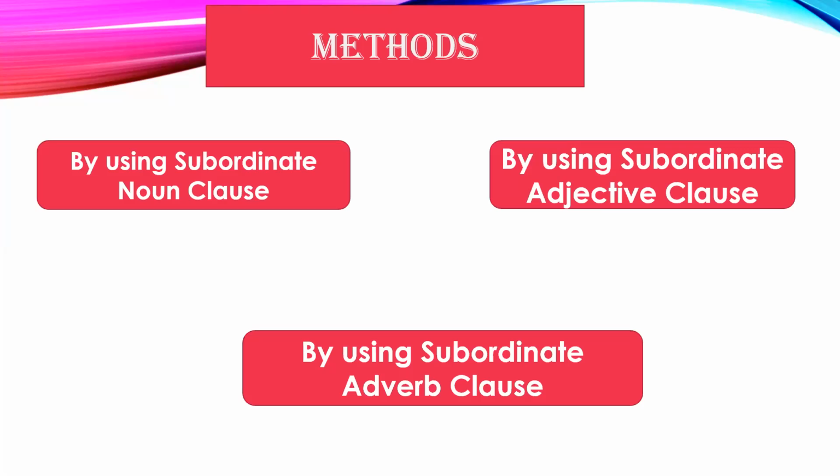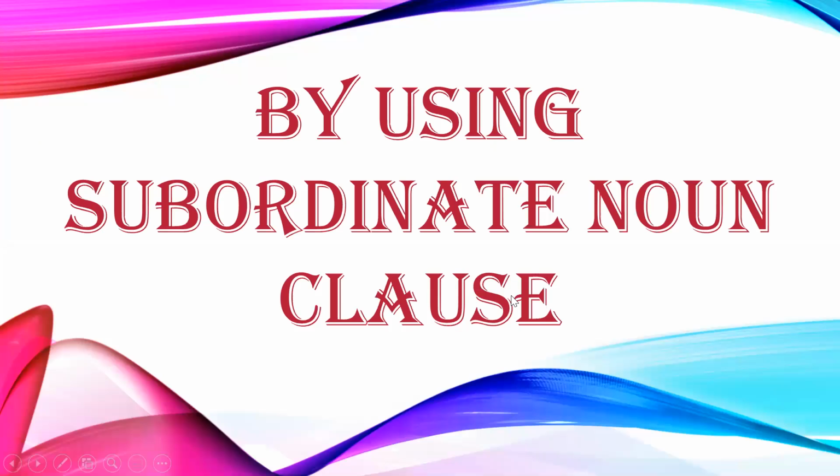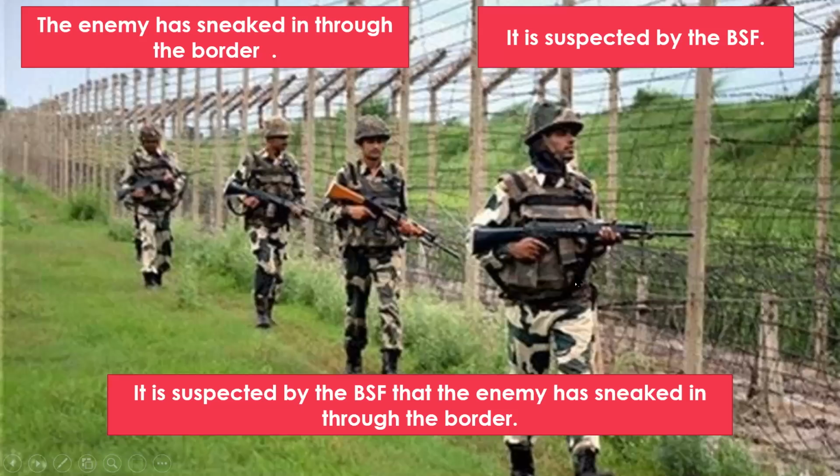Adverb clause of comparison, as intelligent as, brave as. Then adverb clause of contrast, where you use though, although, etc. So all these are basically subordinating conjunctions, relative adverbs, relative adjectives or question words used to combine two simple sentences into a complex sentence. Please remember this. So we'll do the first method by using a subordinate noun clause.